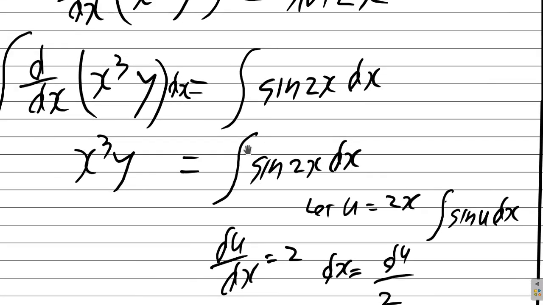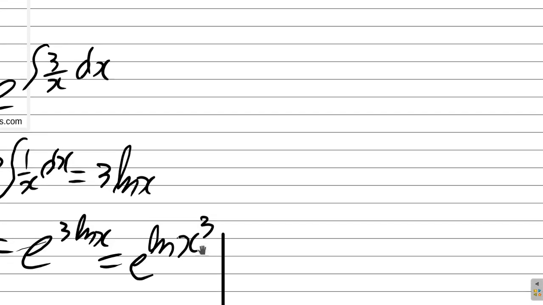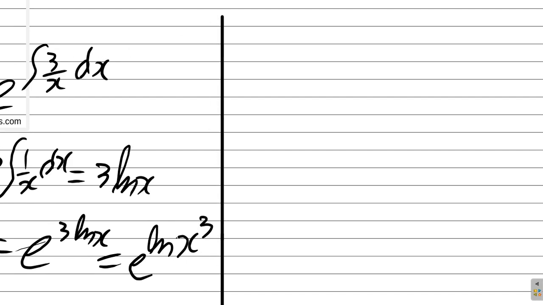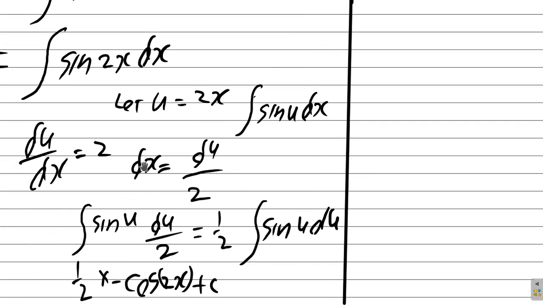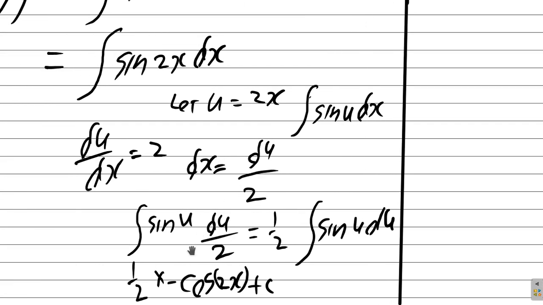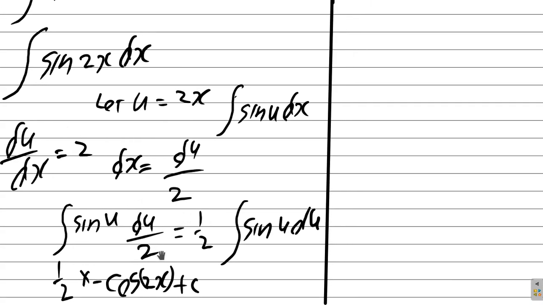Now, let's write back all of this. x cubed y equals the integral of sine 2x. So it is equal to negative half cos 2x plus c.